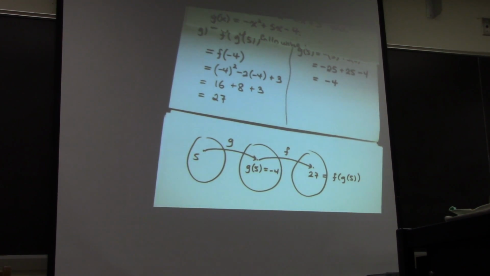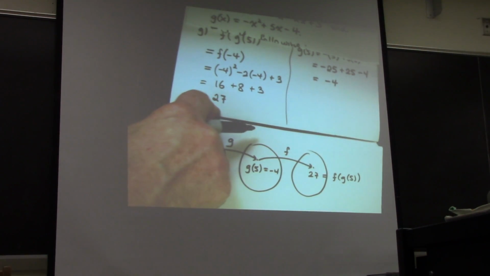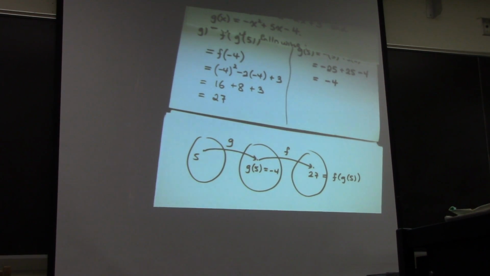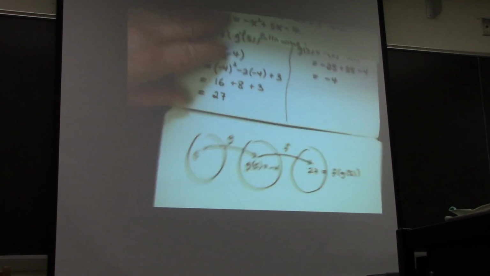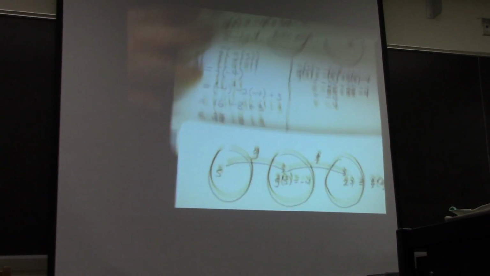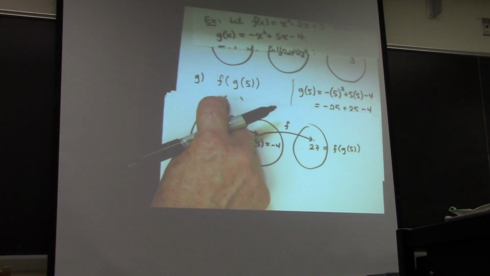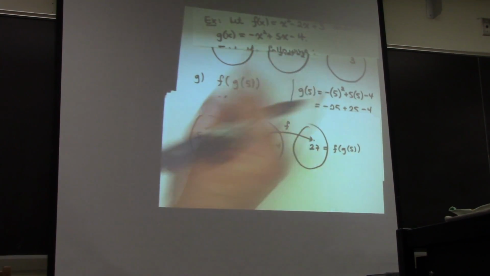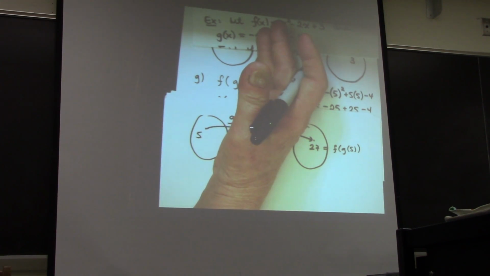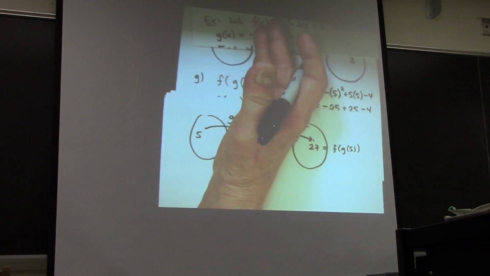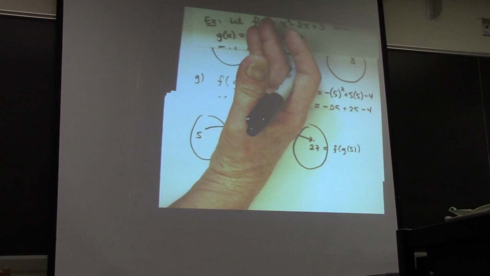So f of g of 5 equals 27. Now, when you have 2 functions like this, and you take a number and plug it into one function, and then get the output and plug it into another function, we say that we are composing the functions. This is a composite function, and we're going to spend a lot of time talking about composite functions in a little bit.